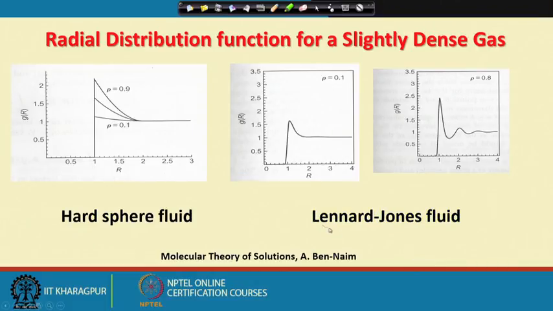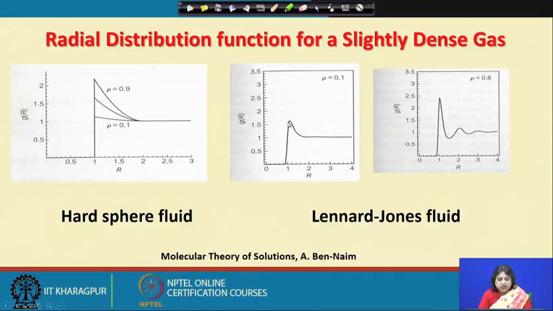As you see, if you go on increasing the density, then the structure goes on increasing and starts showing signatures of not only a set of atoms in the first shell at a distance r of about sigma, but also nearly about 2 sigma and so on and so forth.